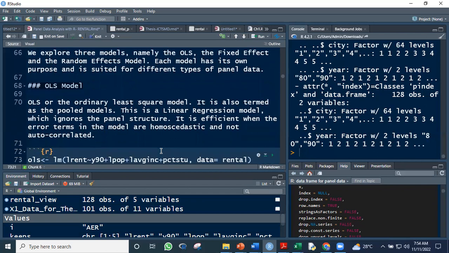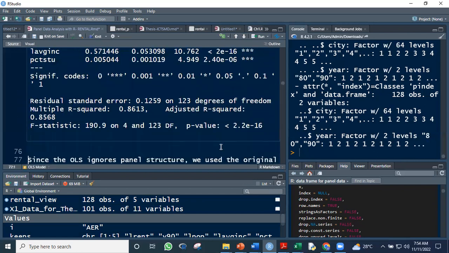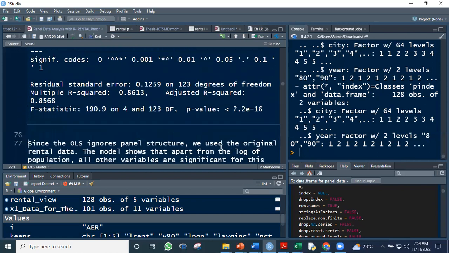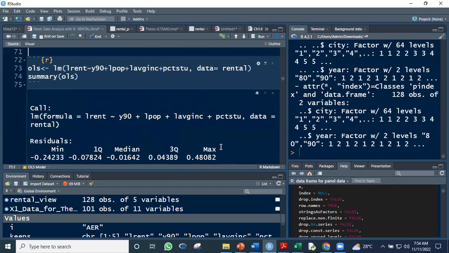All right. Of course, the first thing that we can do is disregard the index component. Disregard that this is a panel data. Okay, so that's the usual practice. Let's do this using ordinary least squares. Okay, so for OLS, we're not looking at the panel data component, panel component.